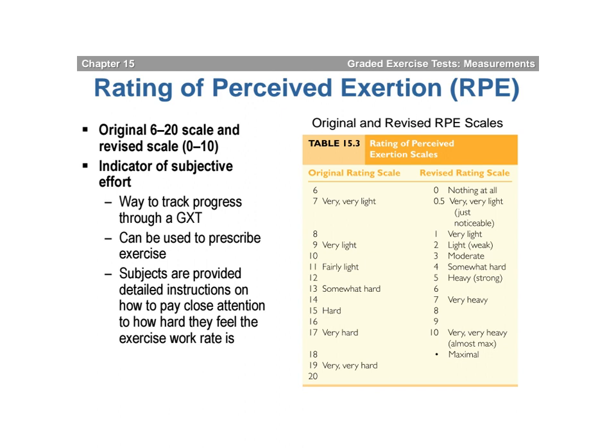So this scale is an indicator of subjective effort. So it's a way to track progress through a graded exercise test. Again, you might want to stop or have an endpoint once a person reaches a certain number for the rating of perceived exertion.